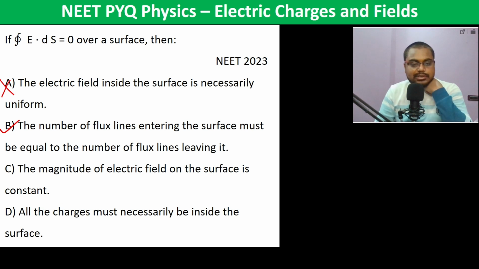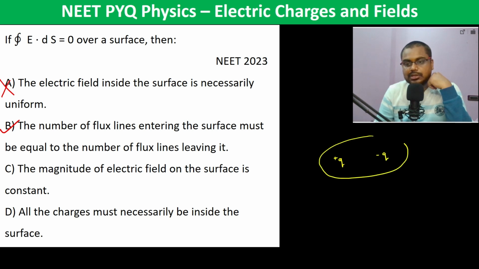The magnitude of the electric field on the surface is constant. No, this also need not be, because we can see this in an example. Again plus q is there and minus q is there, and this is the Gaussian surface.